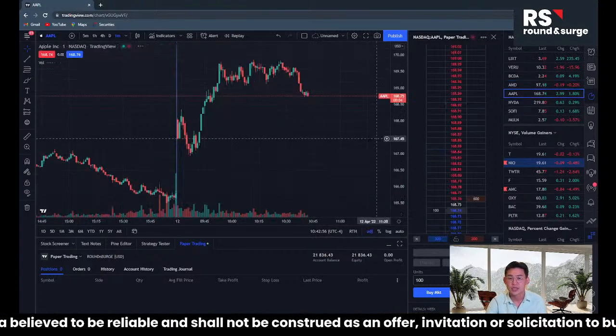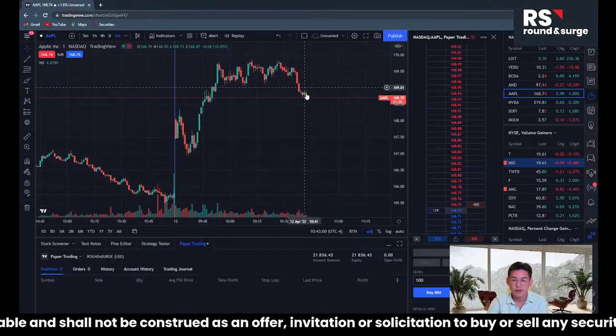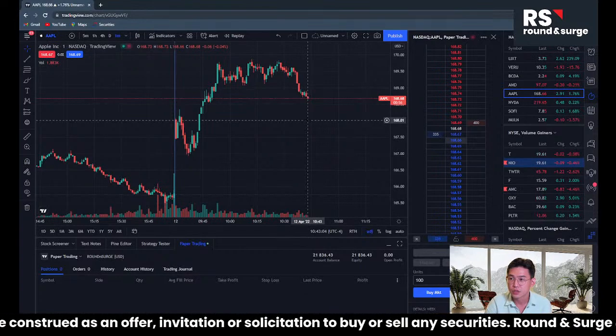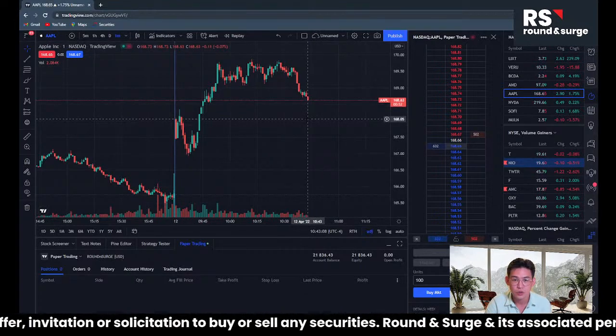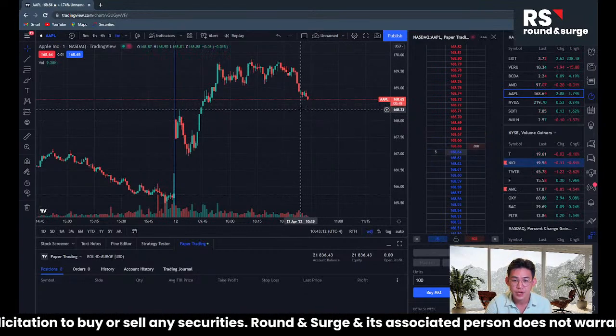That's how we look into it. So far from here, Apple seems like it has started the reversal. I'm going to look into it. There's no sign of any entry yet.